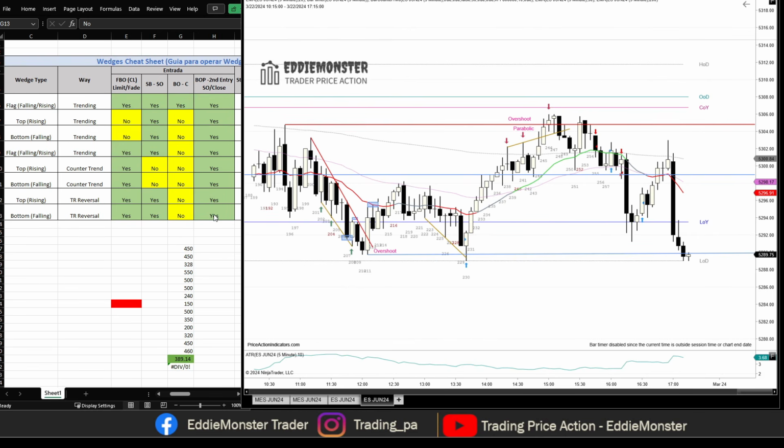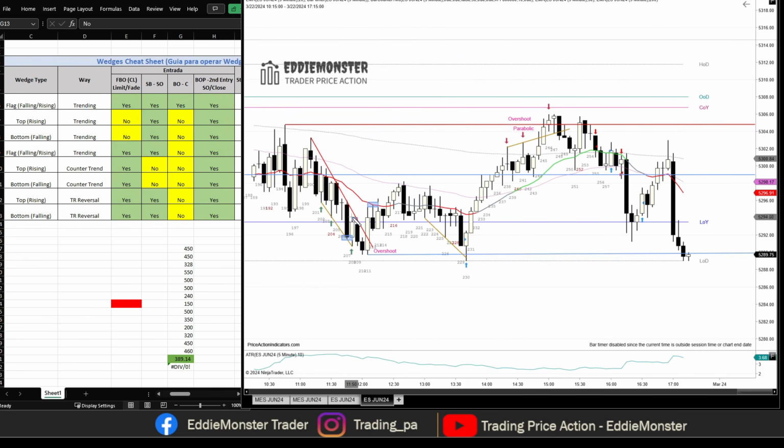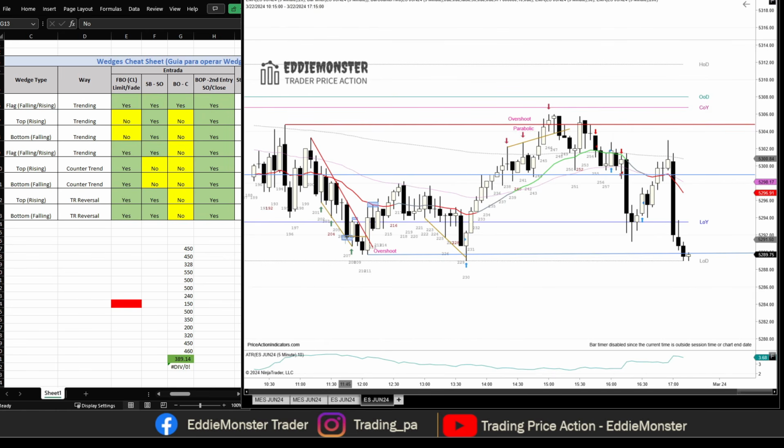And then the second entry is kind of like this. If you have this bar reversing, clearly a climactic bar, you can buy the second entry here when it's retested. And I did that with micros, now with mini.